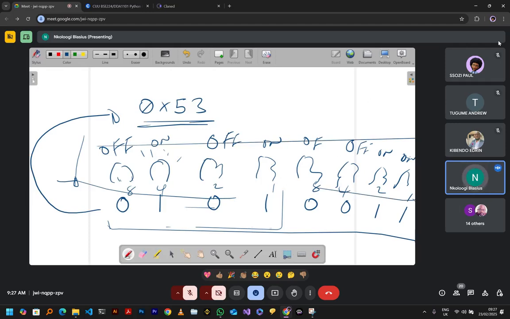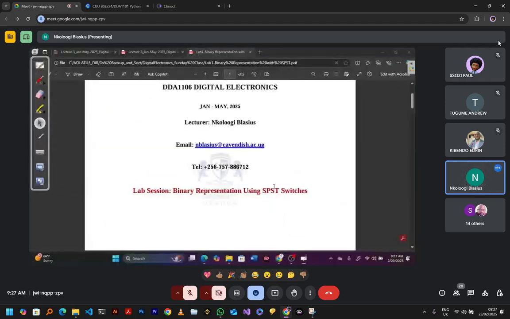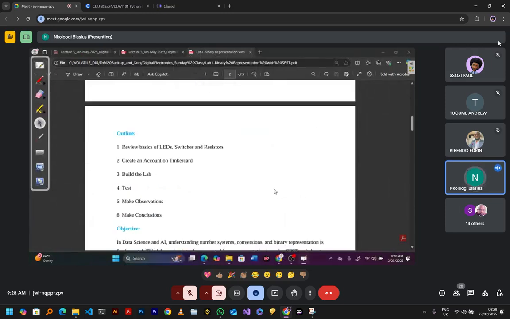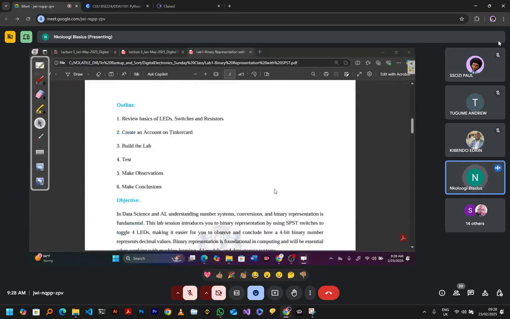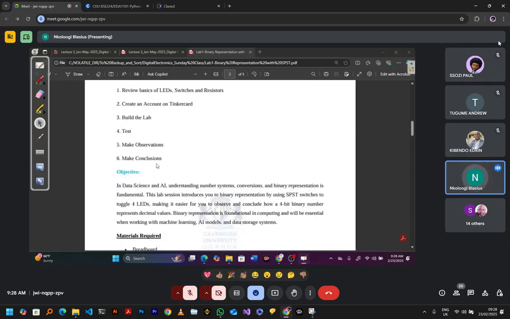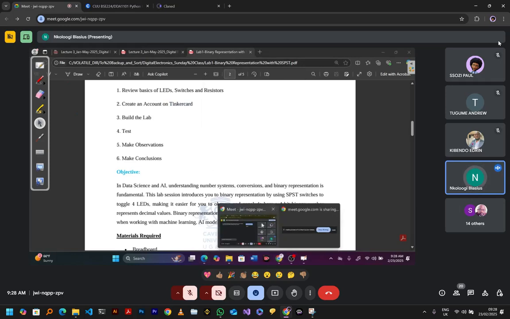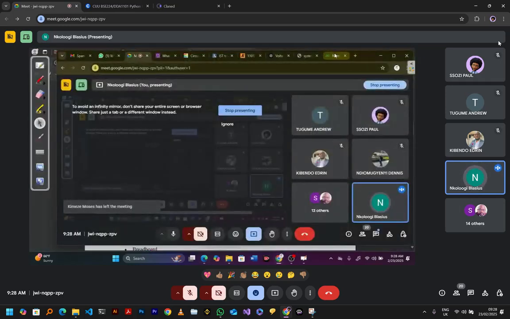So the lab that we want to do is going to include some knowledge of the semiconductors. I always told you to have some basics about that. So we are going to review some basics of LEDs, switches, resistors, and then I'll create an account on Tinkercad. So as we move on, please search for Tinkercad. You can use this link and try to create an account.